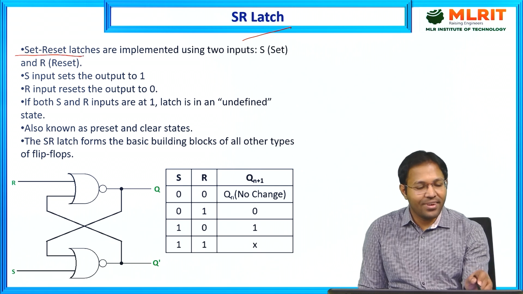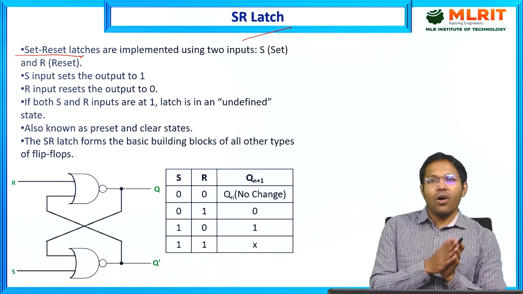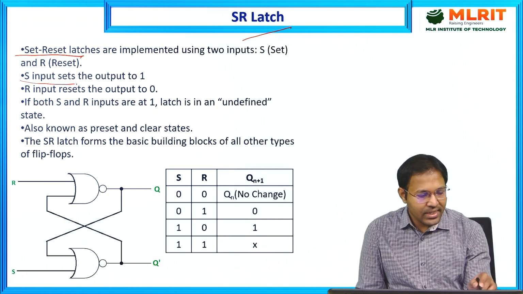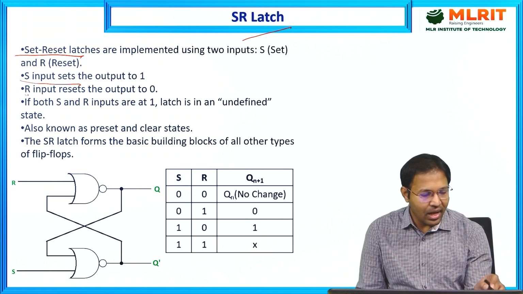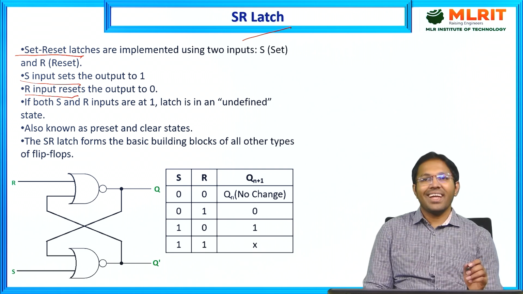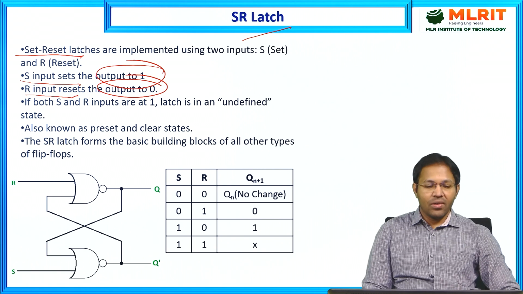SR stands for set reset. Either you can set or you can reset the latch, hence the name SR. S stands for set, R stands for reset. So using the SR, we can take the output to be either 0 or 1.